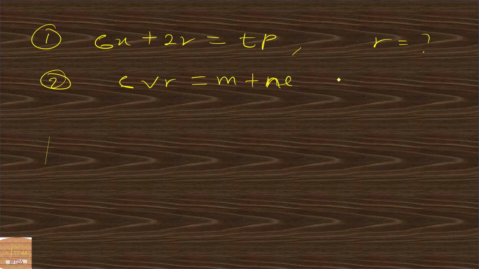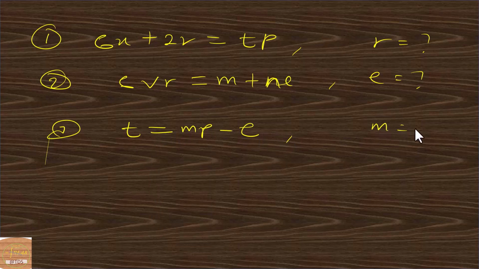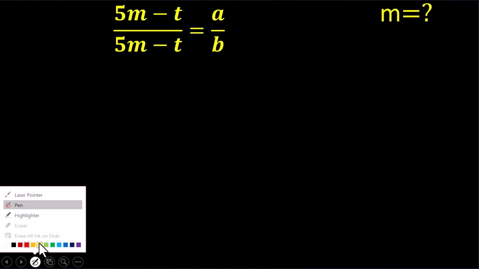So you have to make e the subject here. Right. Then the last one, t equals mp minus c. Make m the subject here.